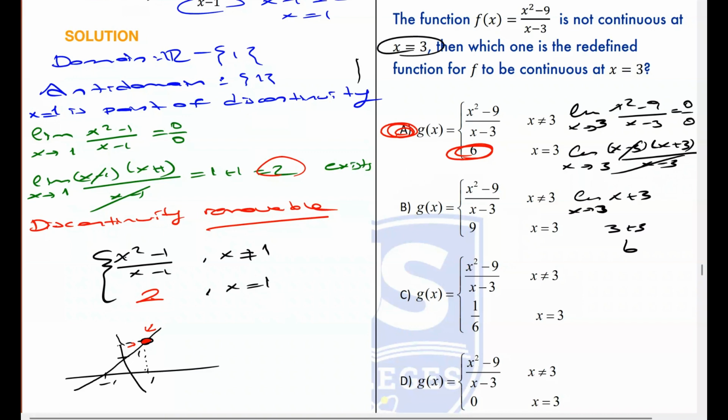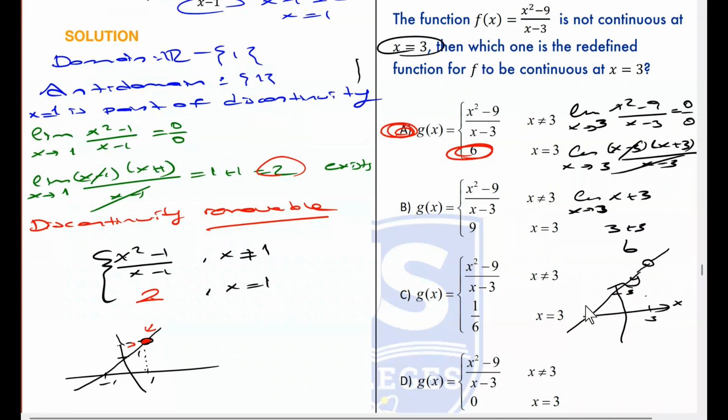Alright. So as in the previous question, let me show you how the graph looks. When you do simplification, the graph is x plus 3. It is something like that. And there is a gap at what? At 3. So your graph is supposed to have a hole at 3.